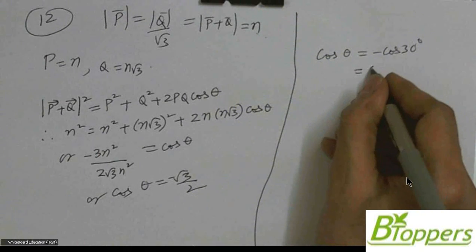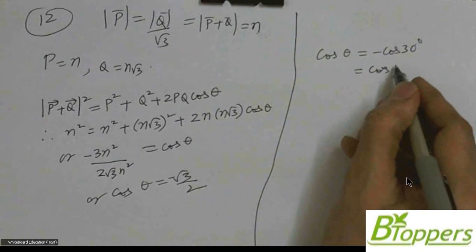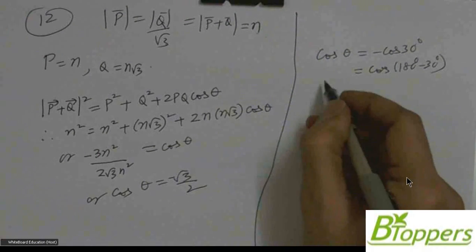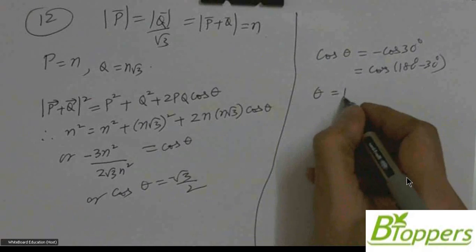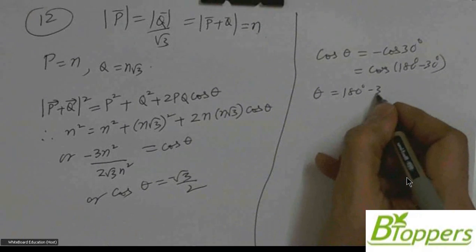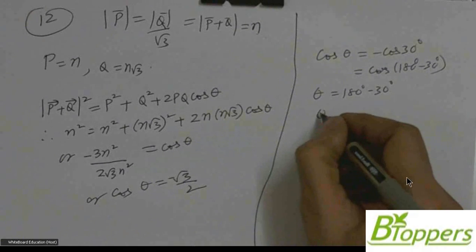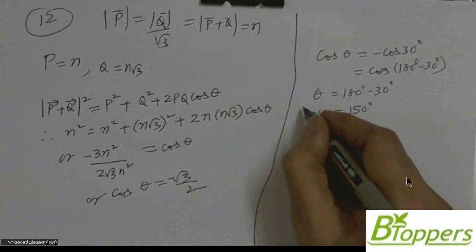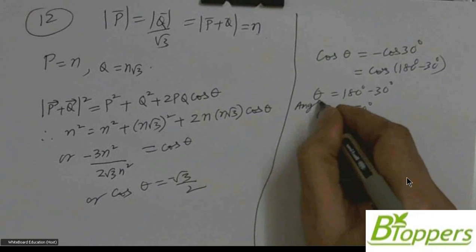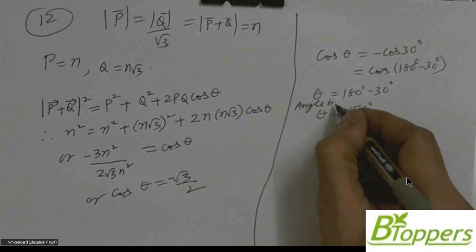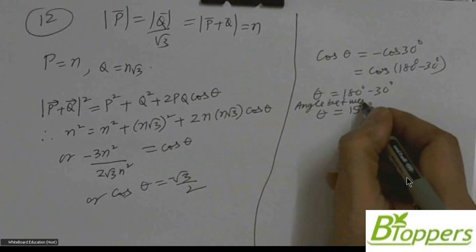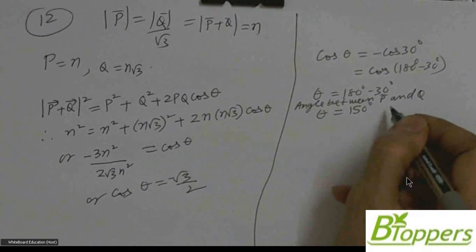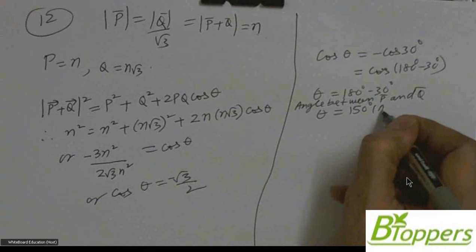So cos 30 degrees can be written as cos of 180 degrees minus 30 degrees. That means the angle theta can be written as equal to 180 degrees minus 30 degrees or 150 degrees. That means here angle between P bar and Q bar is theta, that is 150 degrees.